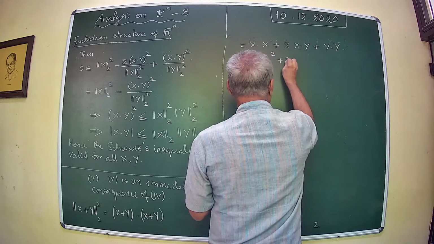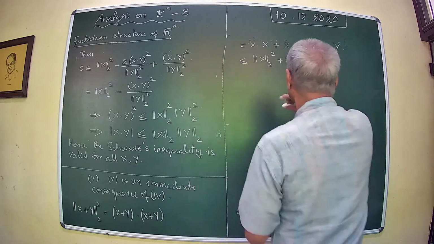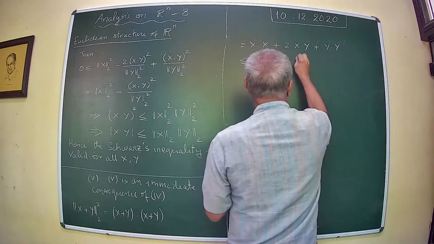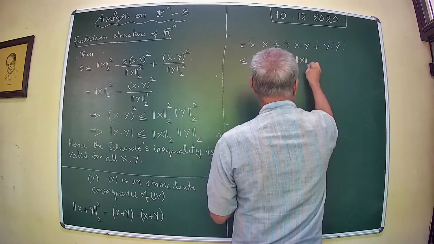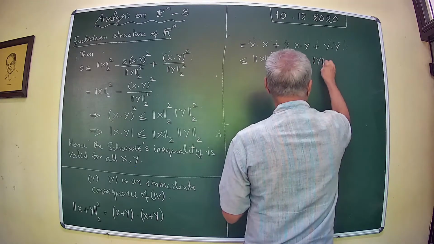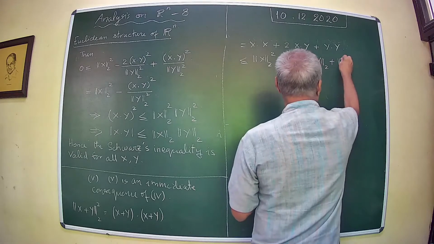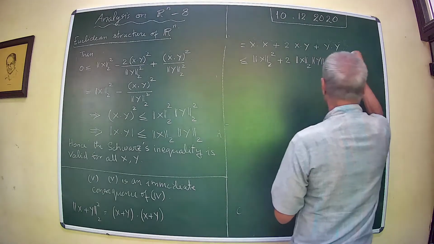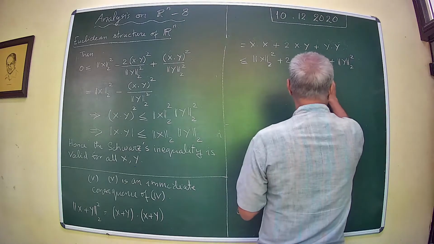You are applying Cauchy's inequality here, so you get modulus of this is less than or equal to norm of x into norm of y plus norm of y square, by Schwarz.